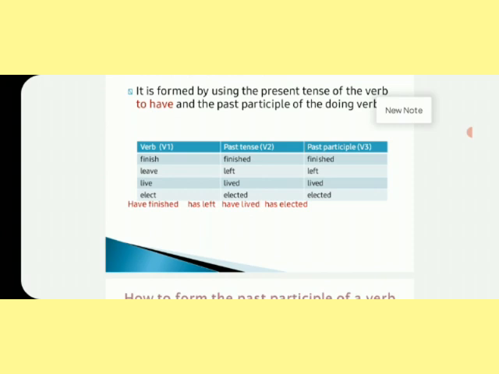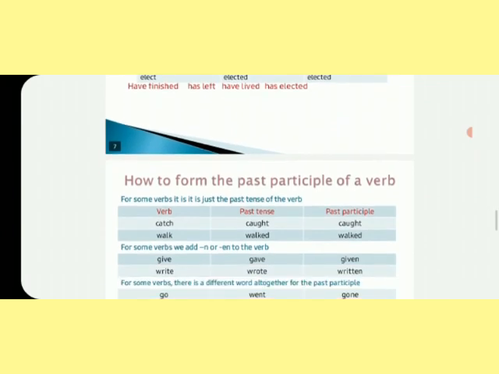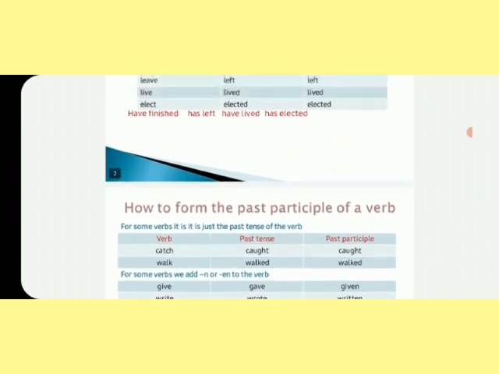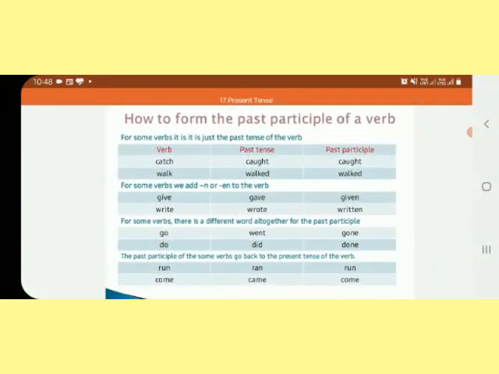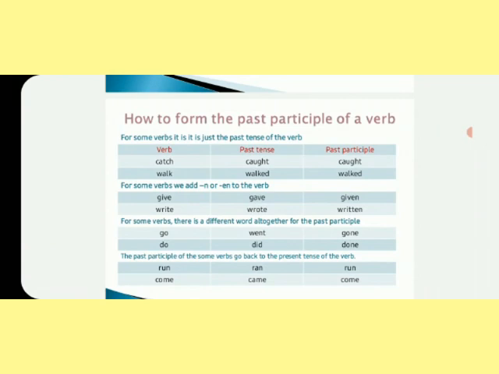Now moving on to the next slide, we will see how to form the past participle of the verb. For some verbs it is the past tense of the verb, for example catch, caught; walk, walked, walked. And for some we add n or en to the verb.